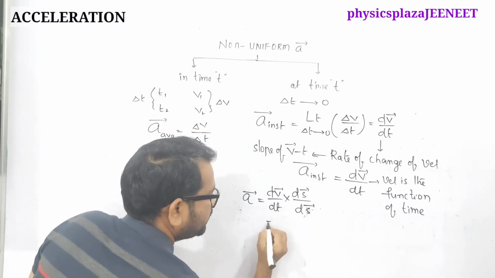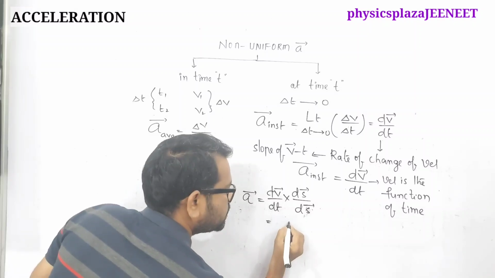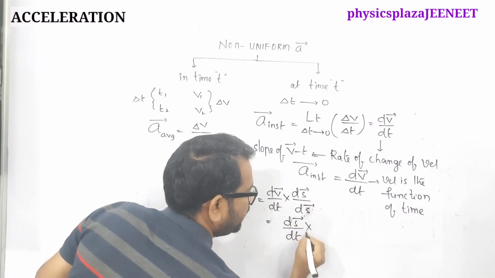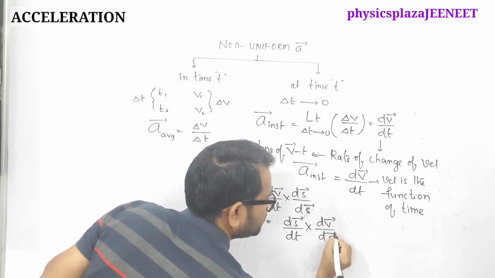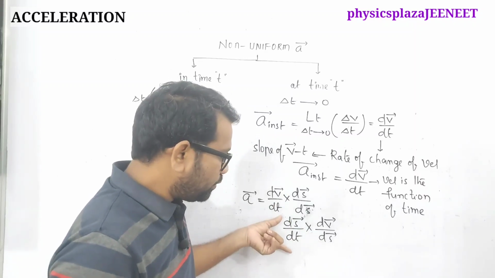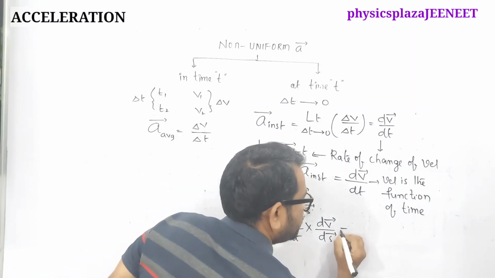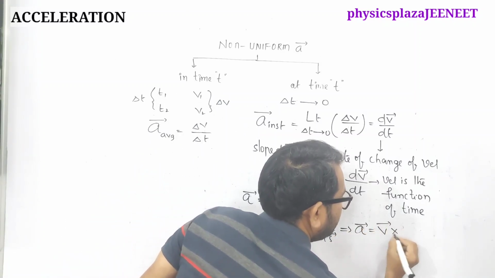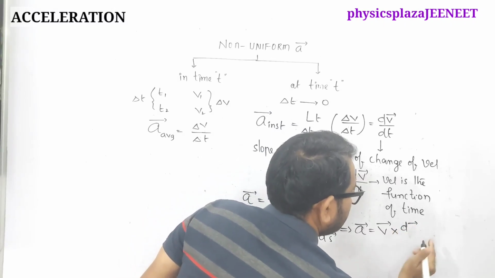So we can write ds by dt into dv by ds. Same thing, ds gets cancelled. But ds by dt is the rate of change of displacement, called velocity. So here acceleration is equal to velocity into dv by ds.